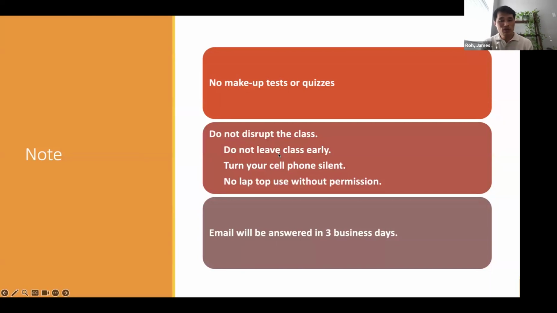Also, do not disrupt the class. This is an in-person class, and sometimes students are leaving the class. I encourage you to take care of yourself before or after the class so that you don't have to leave. And please turn your cell phone to silent and do not use it during the class unless I ask you to use it. And I will use laptops in my course.